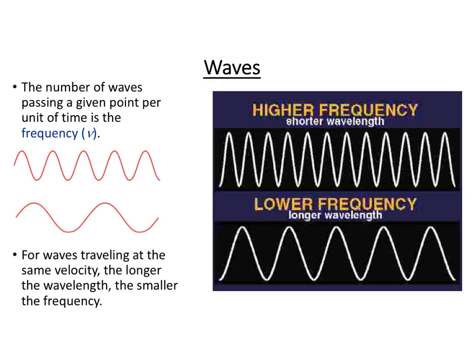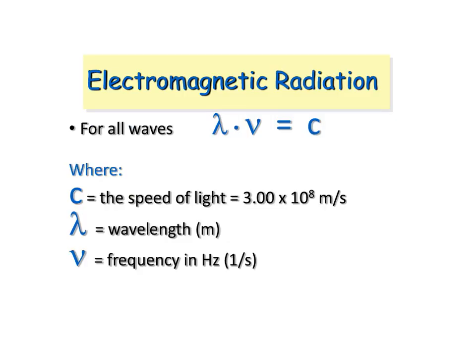And this one, you see that you have a longer wavelength, which means you have a lower frequency. Okay, so from crest to crest is longer. Therefore, you have fewer waves passing through this same section in the same amount of time, okay?